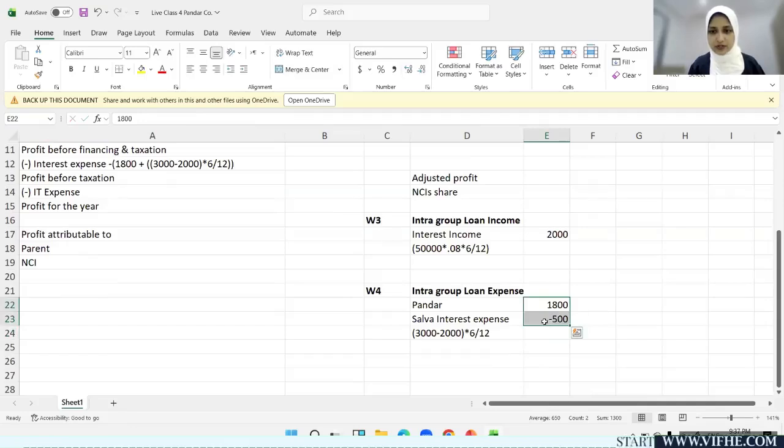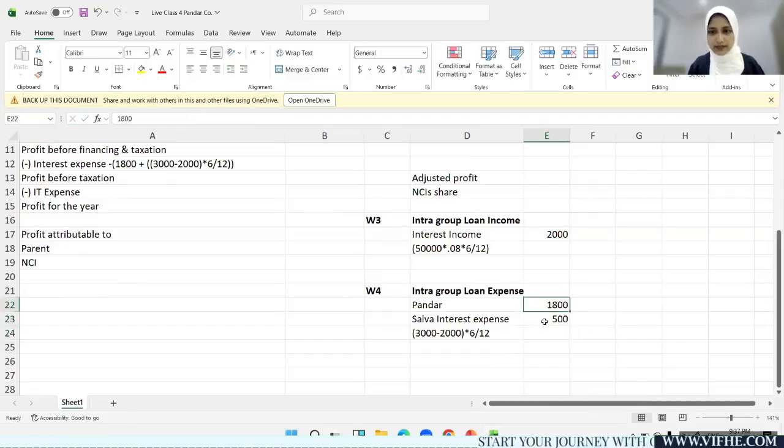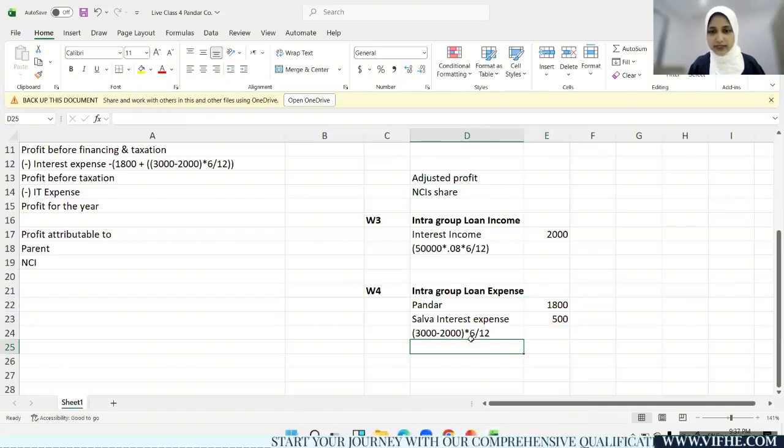So this I have taken Panda's, and this I have taken Salva's interest element, 6 by 12. Now this 2 million interest element that I still have as an intergroup expense, I have already removed.